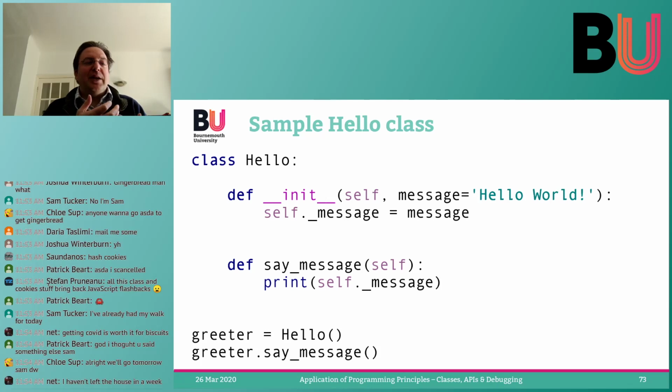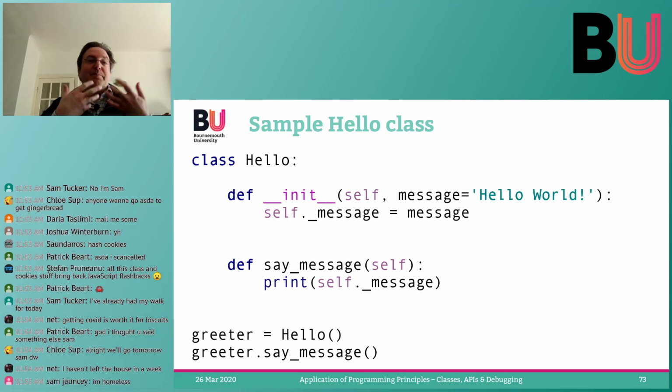And then we can use that in the sayMessage method to print the message out of the self. So it's quite a lot like Java, except that we explicitly always need to use self here rather than having it be implicit, like in Java, where you can leave out the this dot bit.